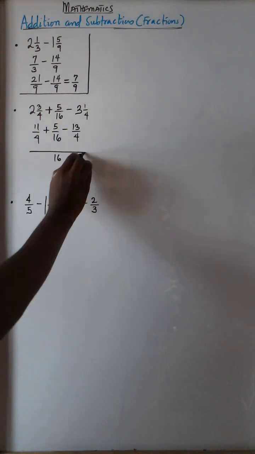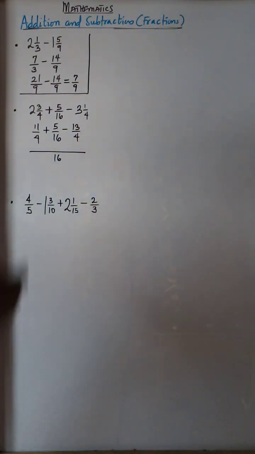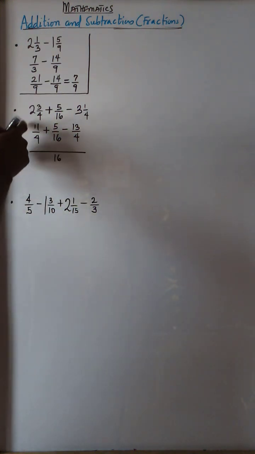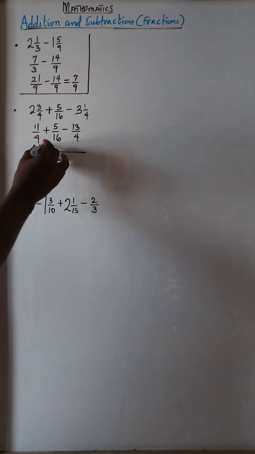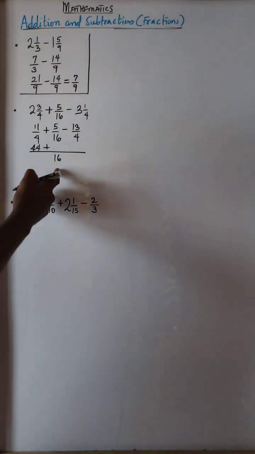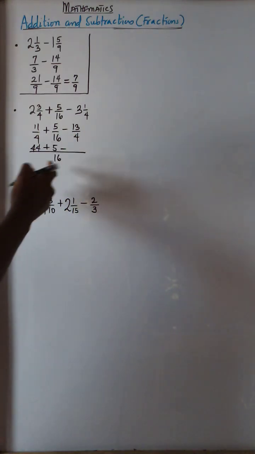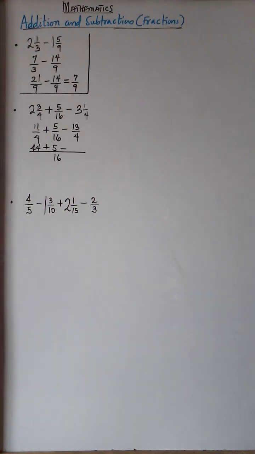We don't need to even solve it. Since 4 can go in 16, the LCM of 4 and 16 will be 16. So 4 in 16 is 4. Then multiply 4 by this 11. 4 times 11 is 44. Then we have plus. 16 divided by 16, that is 1. 1 times 5, 5. Then we have minus. 4 in 16 is what? 4. Then 4 times 13 will give us 52.